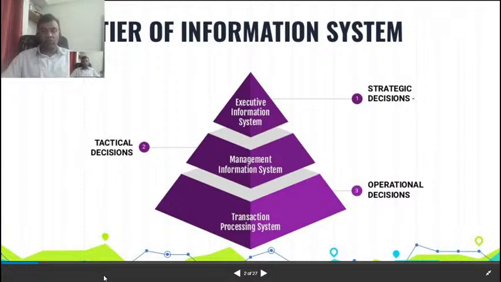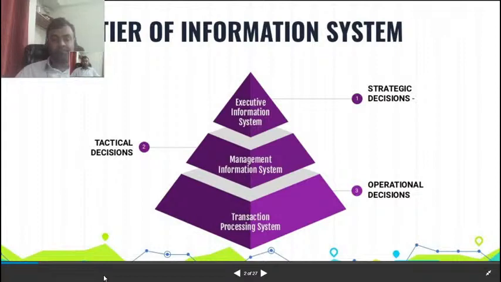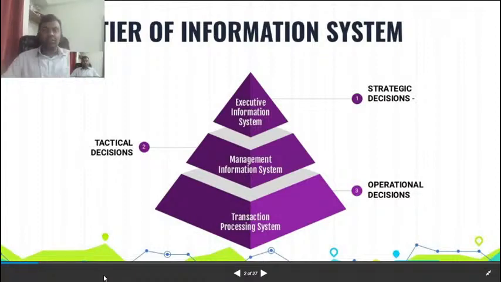They require some specific kind of information to solve a particular problem or to take a decision. In fact, it is not about a problem, it is about taking some kind of decision. They require specific information, which is processed by different departments and ultimately reaches execution, or the highest form of decision.